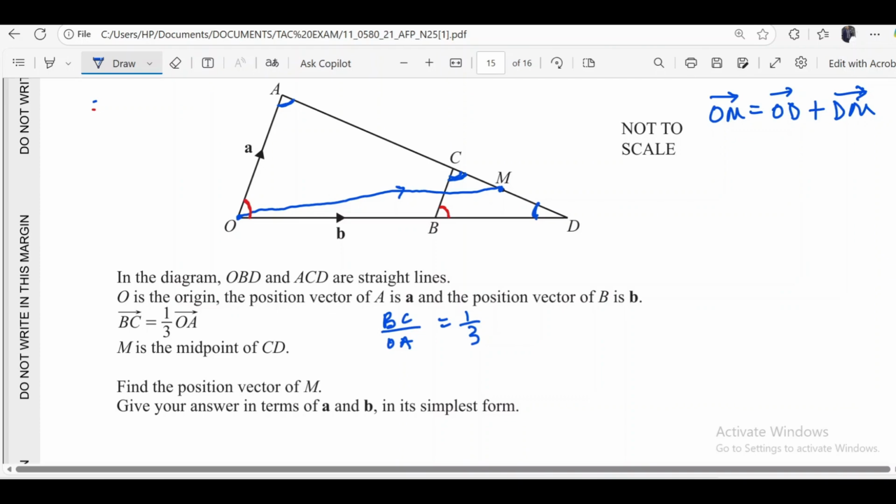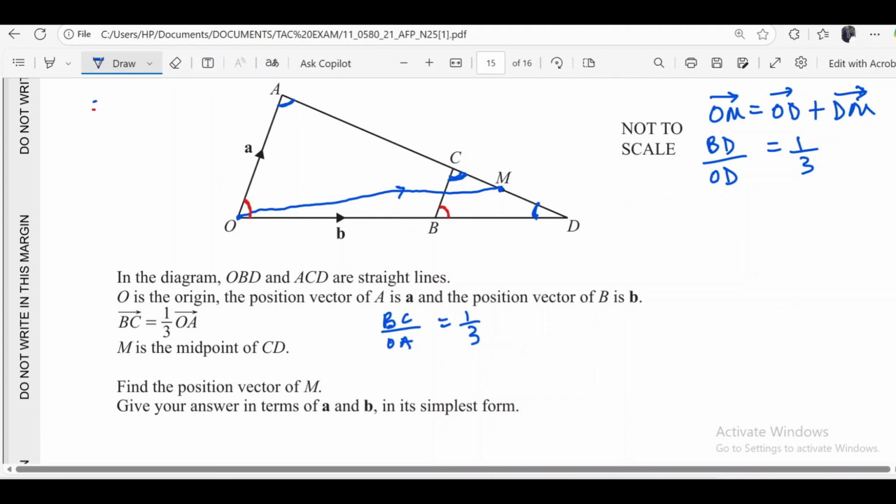So let's look at BD. It means also that BD, which is this red to this D here, and OD will correspond, so BD over OD will also give me 1 over 3. Because remember we defined similar shapes, we said the ratio of their corresponding lengths will be the same.